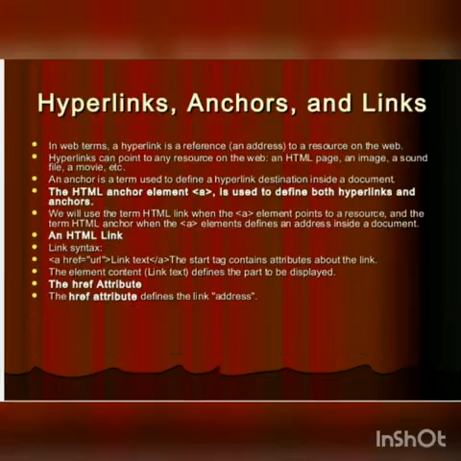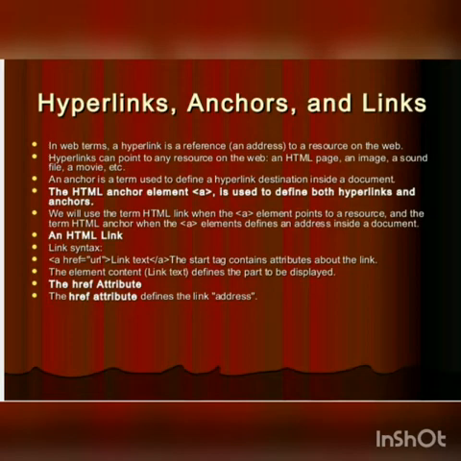Next, hyperlinks, anchors and links. In terms of web, a hyperlink is a reference, which means an address to a resource on the web. It points to many resources like an HTML page, image, sound file or movie, etc. An anchor is a term used to define a hyperlink destination inside a document.